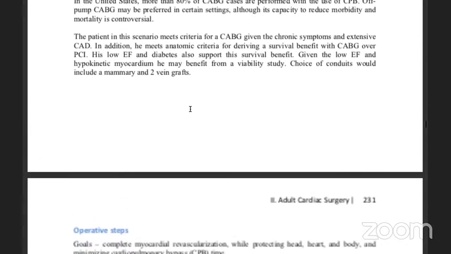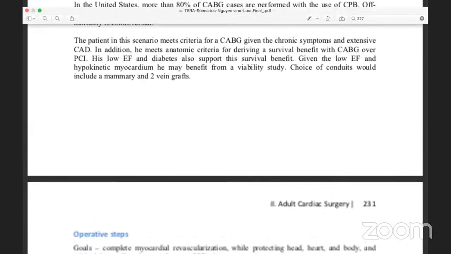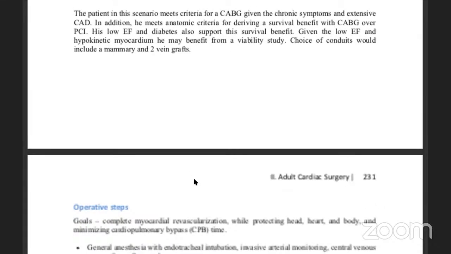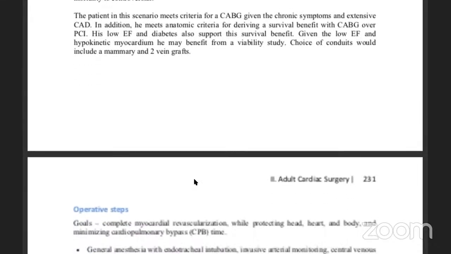No, I prefer Loy actually. I see amazing people in this subject. Is Hanouf here? Yeah, she's there. You can ask her. What was your question? Operative steps of CABG. I already explained it, people.